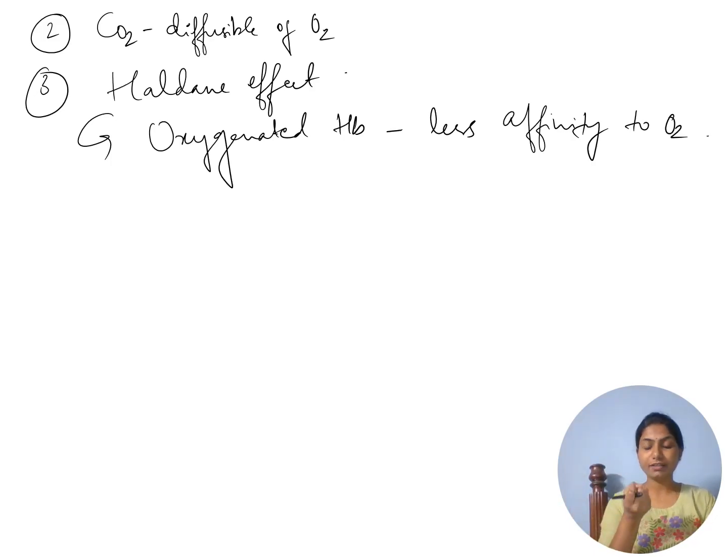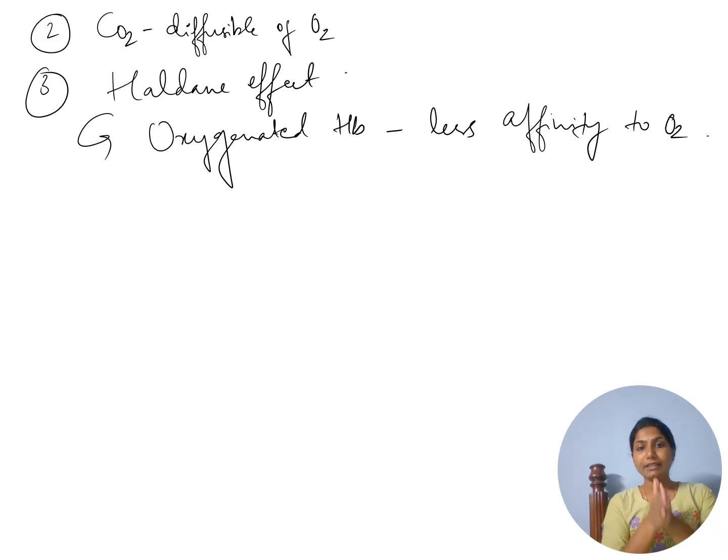So whenever the maternal hemoglobin releases more of oxygen, what will happen? It will become deoxygenated. So whenever the deoxygenated Hb is present, it has more affinity to carbon dioxide. So the deoxygenated Hb will carry more carbon dioxide, and this will facilitate the uptake of fetal carbon dioxide by the maternal hemoglobin.